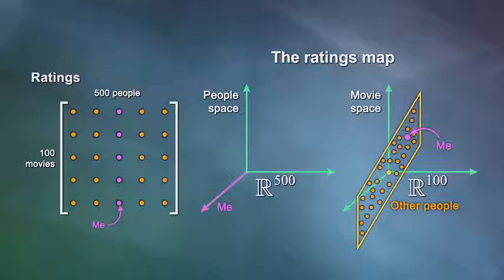And what can we learn about the shape of this cloud? Well, for one, the shape of this cloud may not fill out all of 100-dimensional space. Some people are similar to each other and preferences over movies are linked. People who like Star Wars may also like Indiana Jones. So then this cloud may lie in a smaller dimensional subspace of 100-dimensional space.